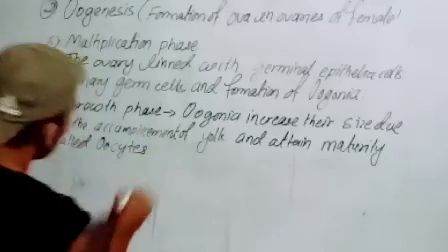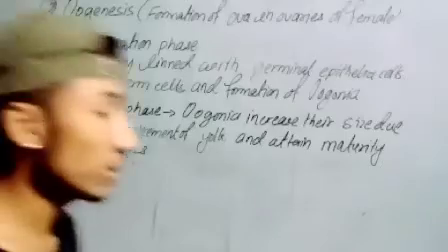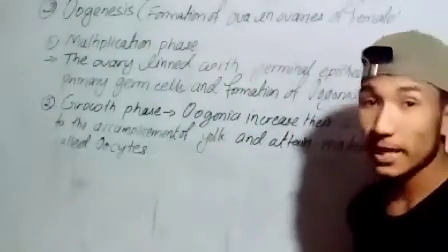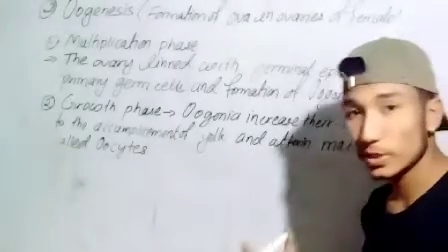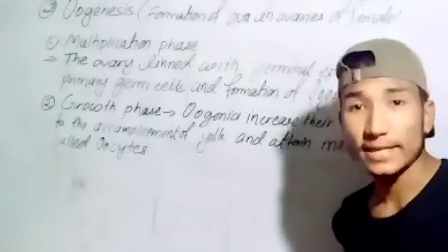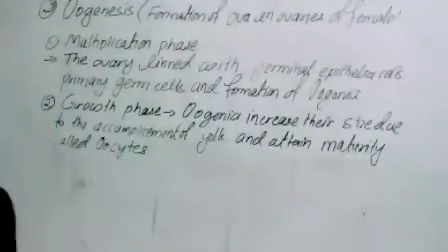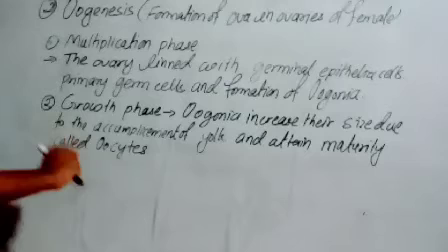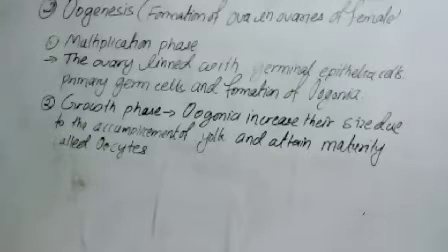Okay, oocytes. There is the formation of oocytes. When the oogonia takes maturity, it forms the oocytes, and that cell is called the oocyte. And that growth phase is also completed.